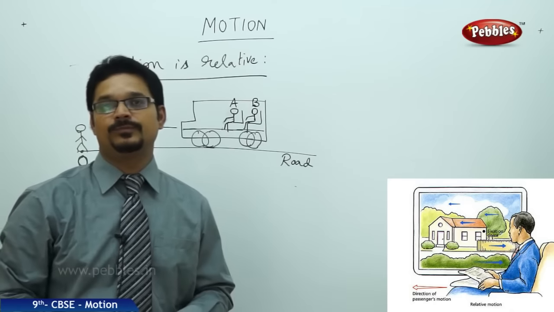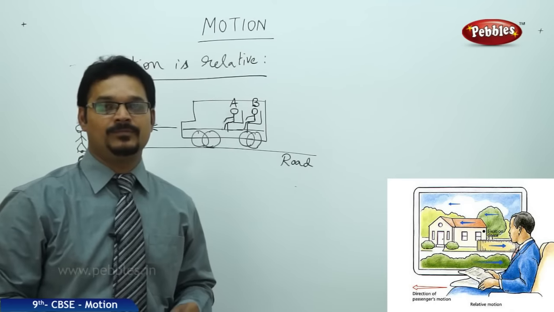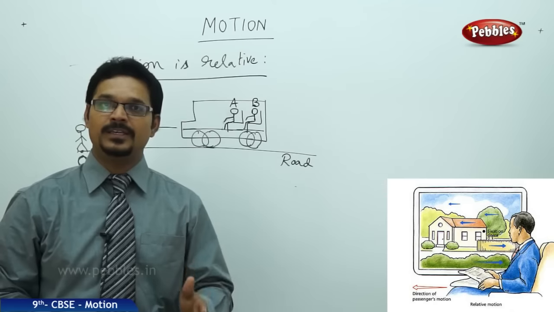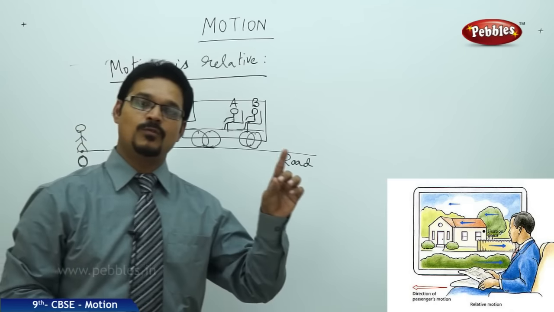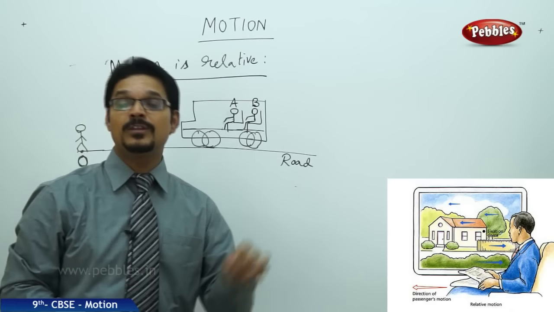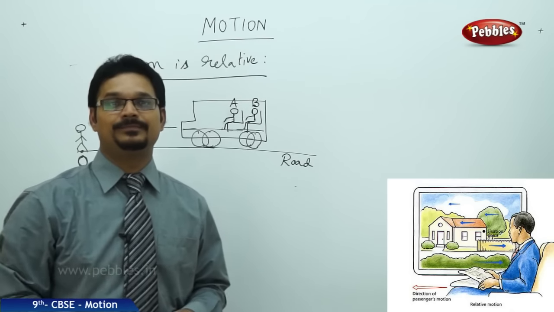Yes, I agree with you too. But motion is relative. That means if something is moving with respect to one person, the same thing need not be in motion with respect to the other person.